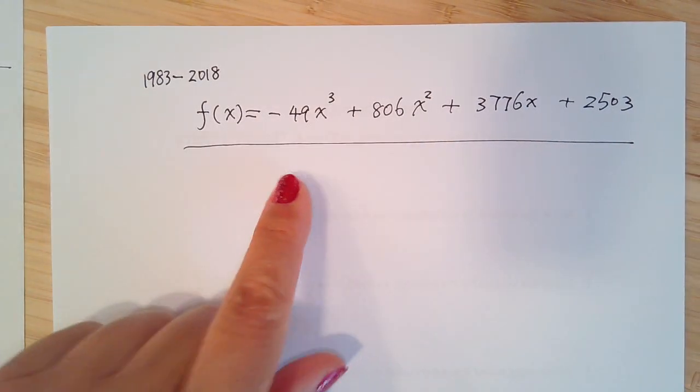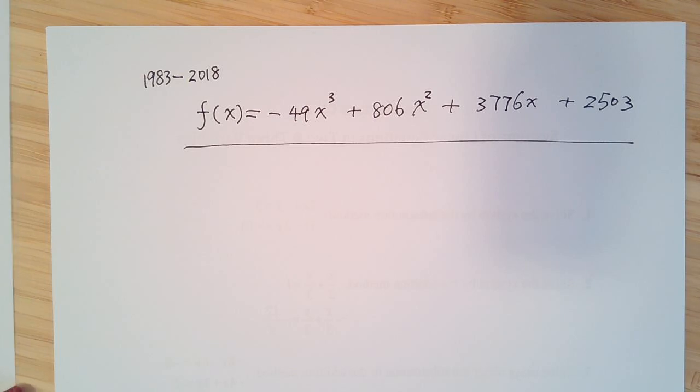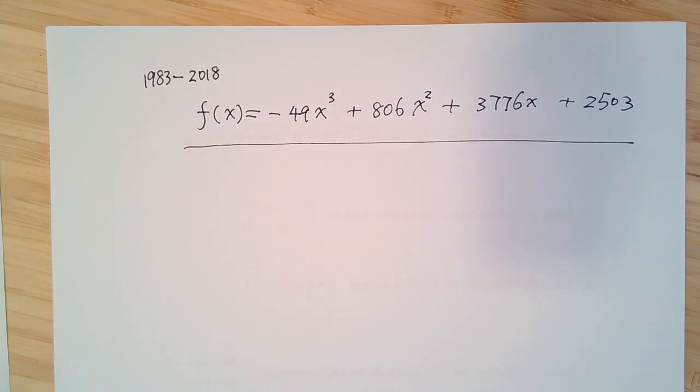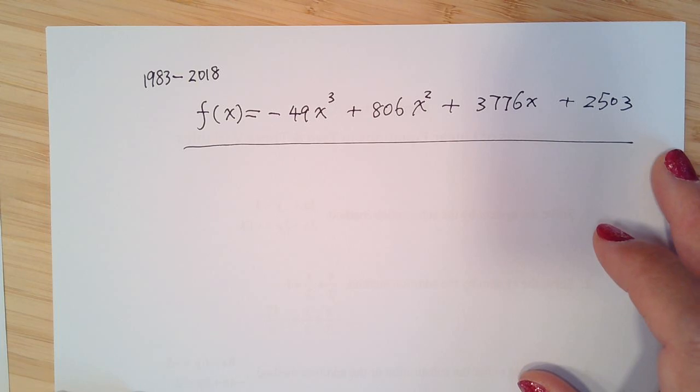Okay, so x is the number of years, and f of x is the number of Americans with AIDS. I want you to use the end behavior to explain why this model is only appropriate for a limited time period, which means you're not going to be able to use this model forever to make predictions of the number of Americans with AIDS.